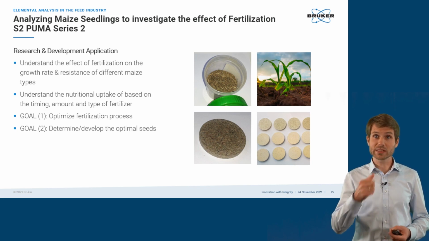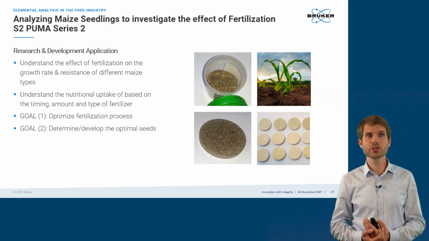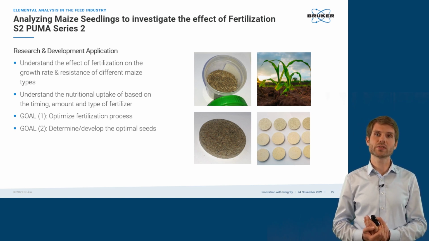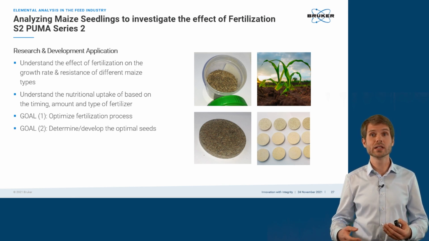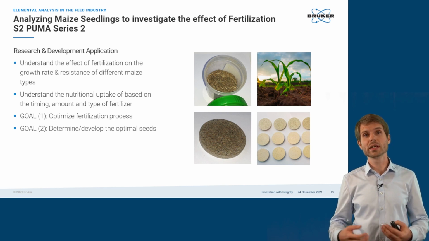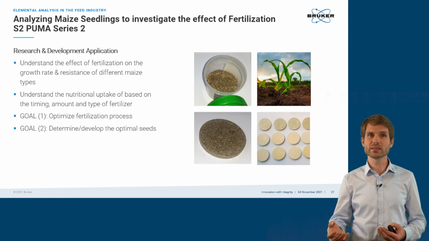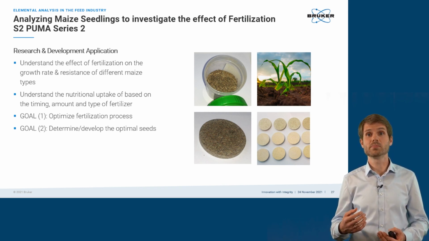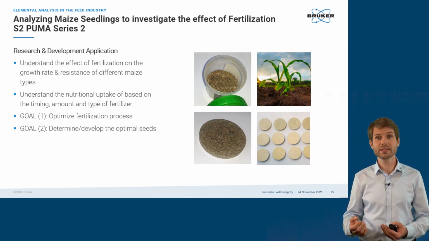I want to bring one more example. This is more coming from a research kind of perspective. So here, one of our clients uses the S2 Puma to understand better how fertilization impacts, let's say, the growth rate, the resistance, as well as different types and genetic types of maize.